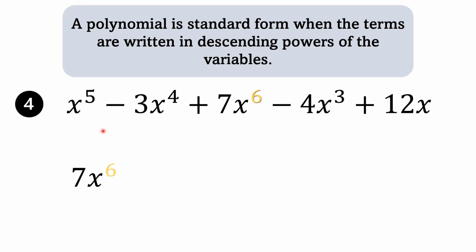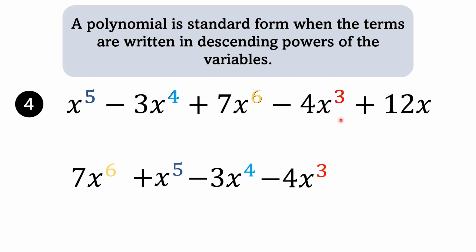Then followed by power of 5, we have x raised to 5, that's positive, and then negative 3x raised to 4, and then negative 4x cubed, and then plus 12x.